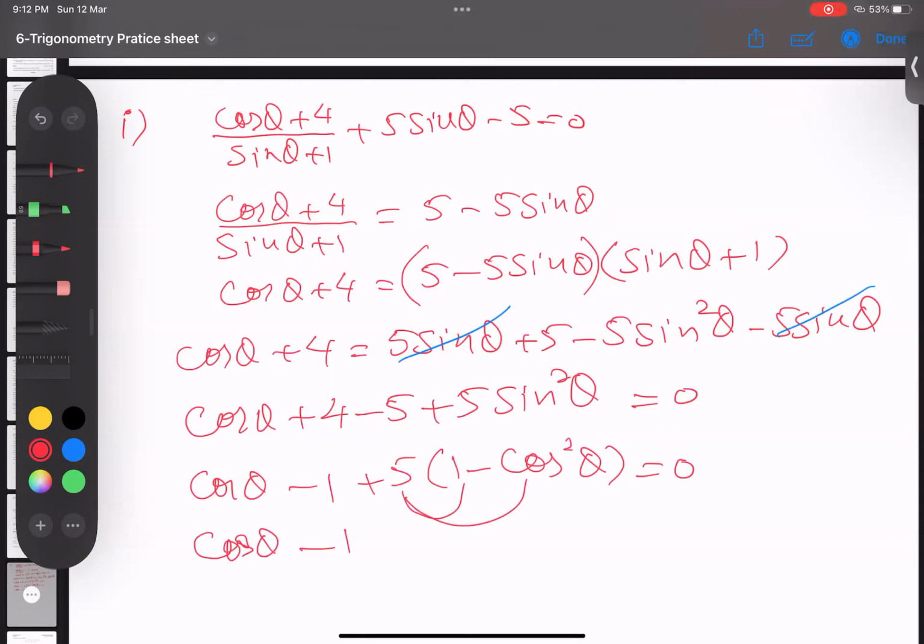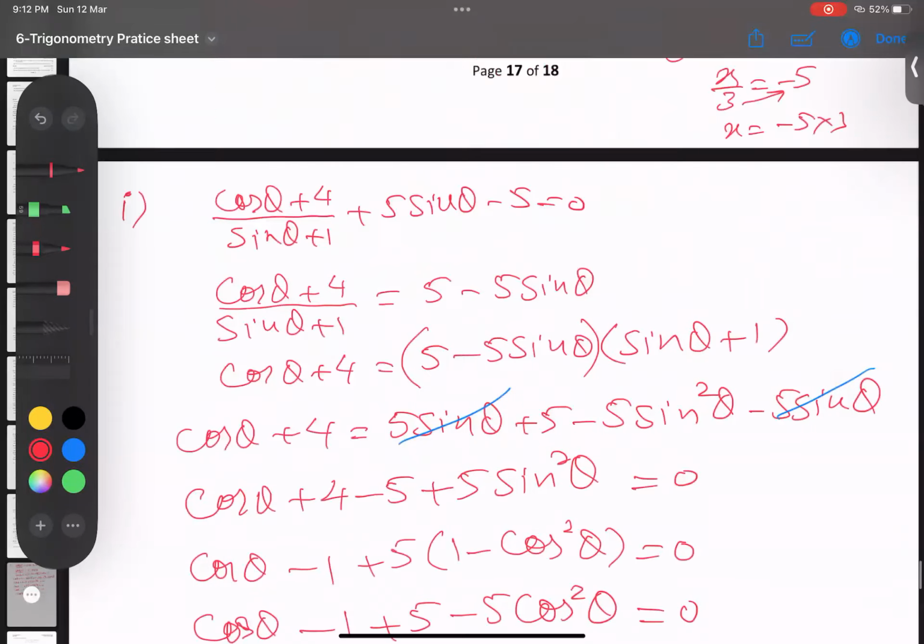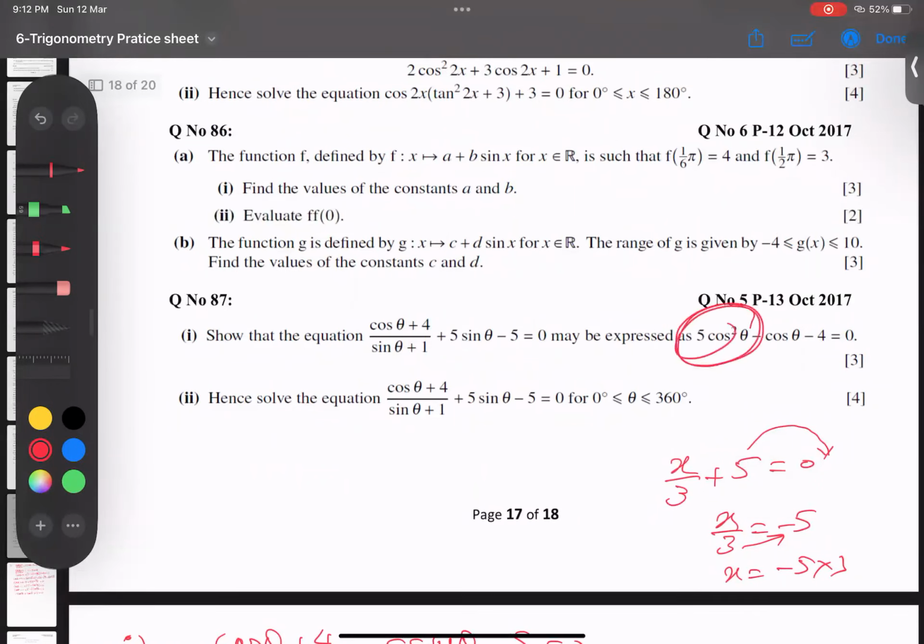5 multiplied inside will look like plus 5 and minus 5 cos square theta. Now reorder: negative 5 cos square, I'm writing at the starting stage, then plus cos theta, I'm writing it here. And these 2 values become plus 4. But if you look carefully, 5 cos square must be positive.